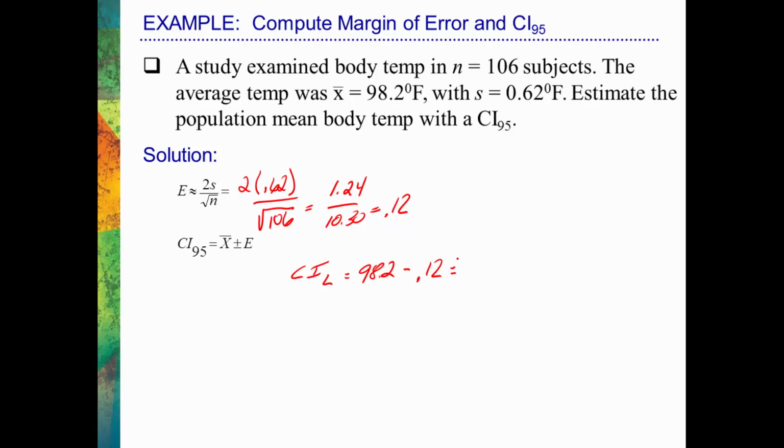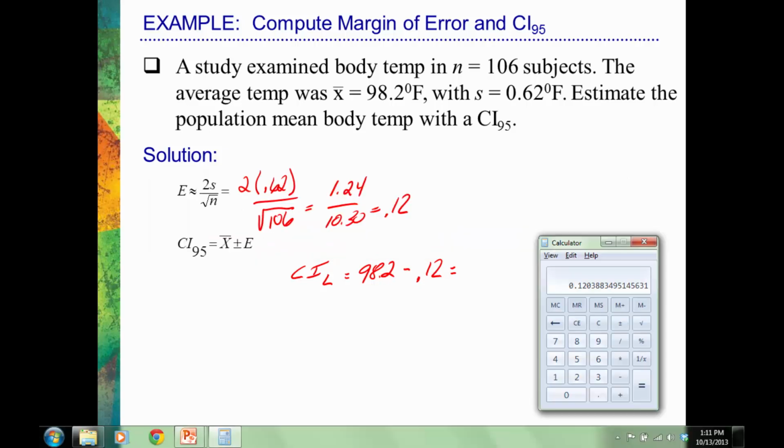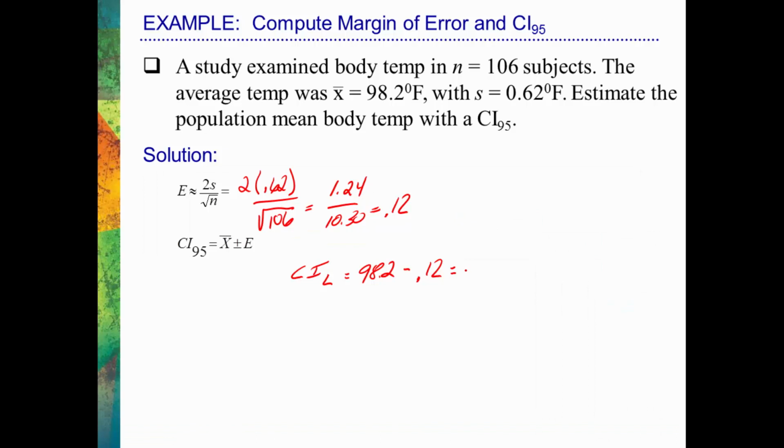And that's going to equal, let's just work that out with our calculator real quick, 98.2 minus 0.12 equals 98.08.